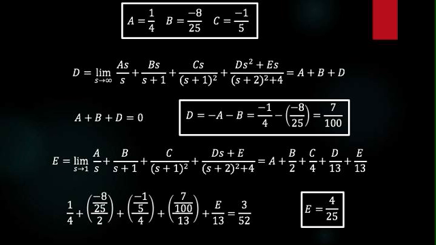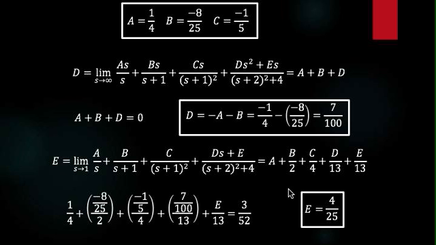If we clear the constant d from this equation, we obtain minus a minus b, which is equal to minus 1 over 4 minus 8 over 25, and this is equal to 7 over 100.